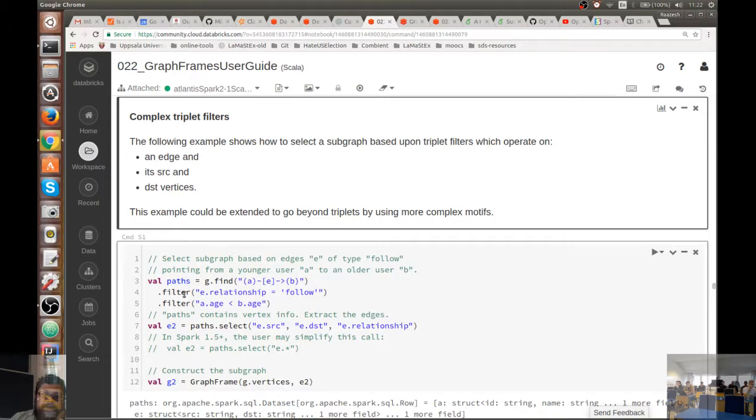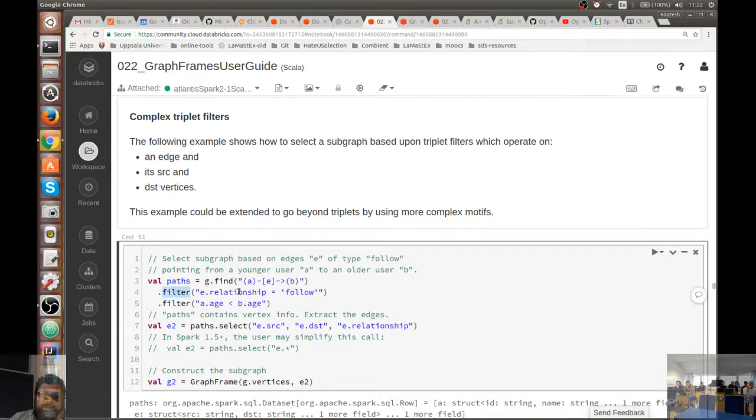So what do we do? We just say in my filter, I want the edge E relationship to be follow, and then I want to further filter by the age of A being less than the age of B. So these A's and B's are just coming from this find pattern.